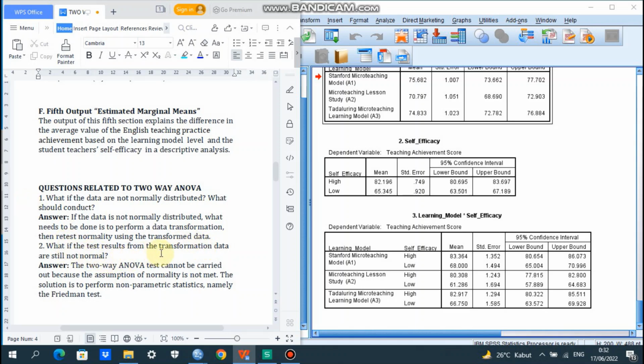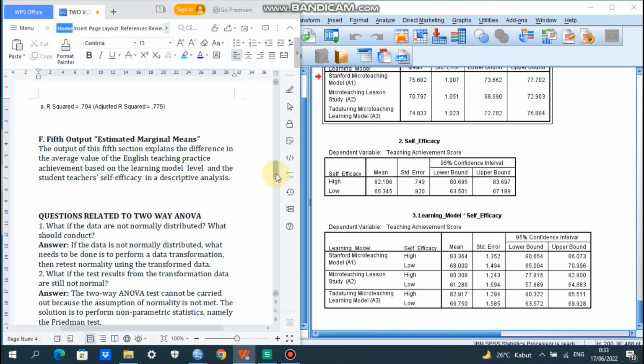What if the test result from the transformed data is still not normal? Here, yeah, the two-way ANOVA test cannot be carried out because the assumption of normality is not met, yeah. The solution is to perform non-parametric statistics, namely the Friedman test. Okay, everybody, so that's all about two-way ANOVA, yeah. Don't forget the steps, yeah.